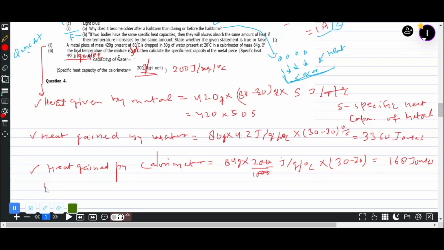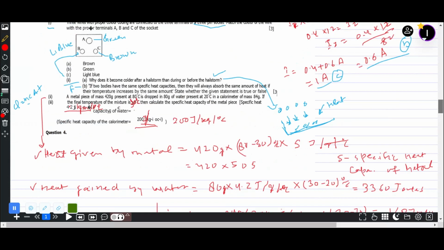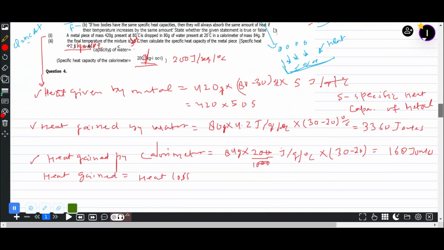Now we know that heat gained will be equal to heat loss. The heat loss is happening in case of metal, in an ideal scenario wherein there is no wastage of heat, right? So heat gained is equal to heat loss. What was the heat loss? Heat loss by metal was 420 into 50.